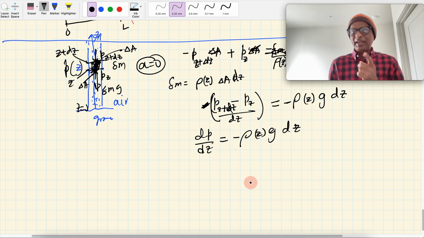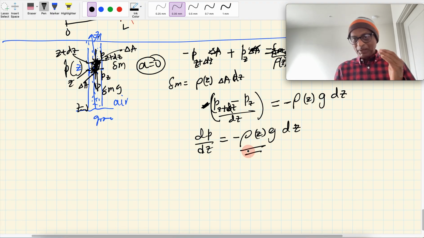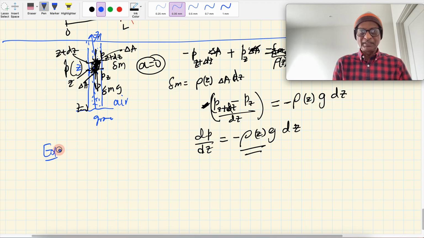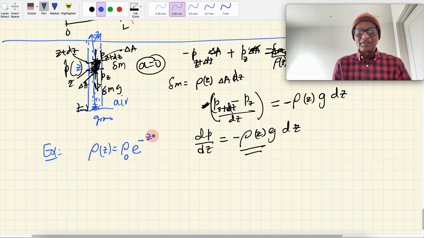So it's exactly the same type of problem. It all depends now on what the density is going to be like, your model of density, okay? Suppose, as an example, the density goes as rho at ground level, maybe times e to the power minus z over some big height.